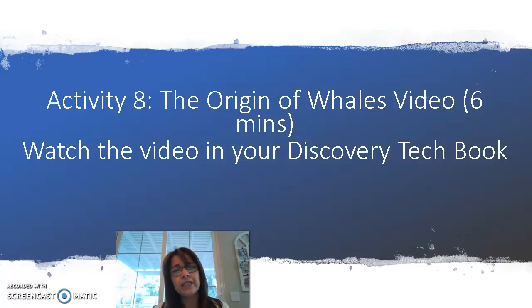The next activity is the origin of the whales video, and we have a reading on there. We saw this video. You may or may not have seen it. If not, it's still available for you to go see. But it's called the origin of the whales, and we looked at the video and we talked about how we had a wolf-looking creature sitting by the shore a lot, and then he goes into the water, and that's what they're saying the whale evolved from.